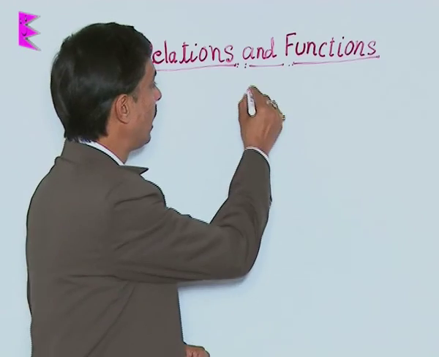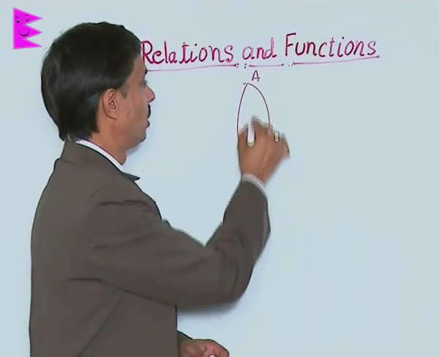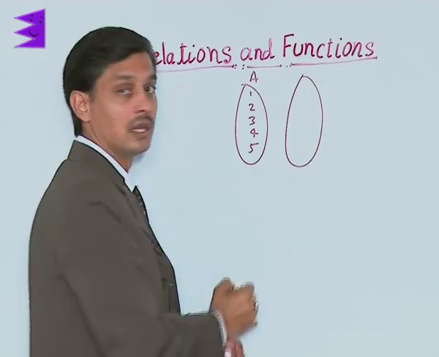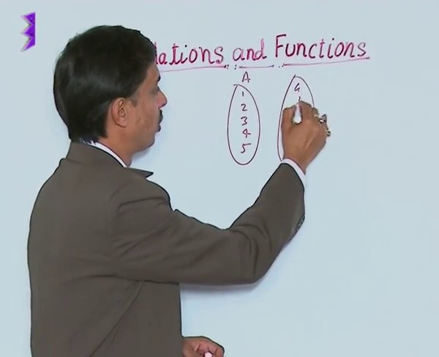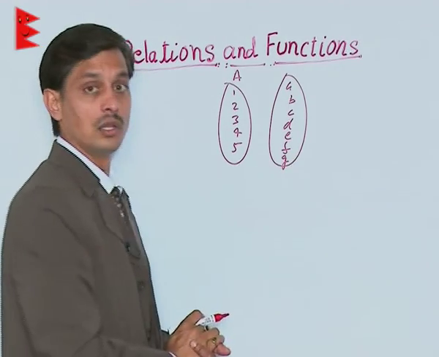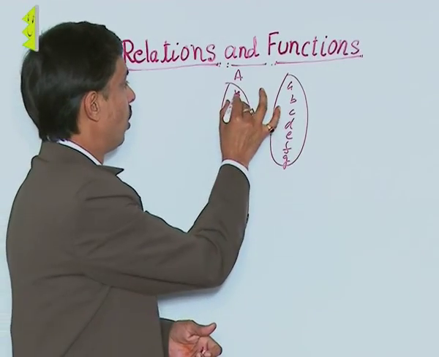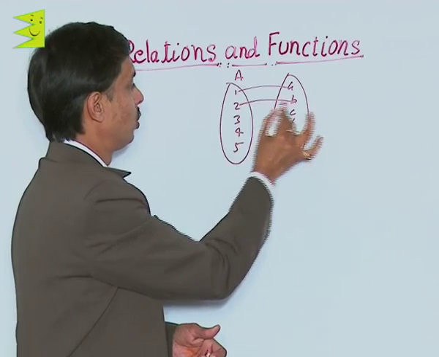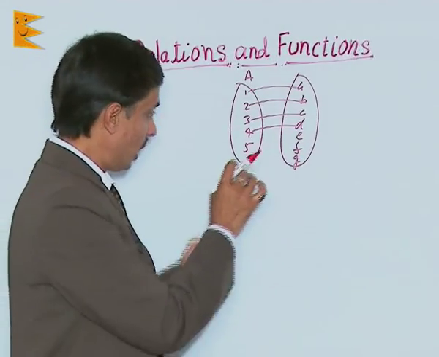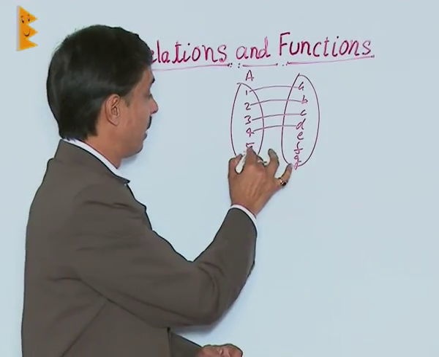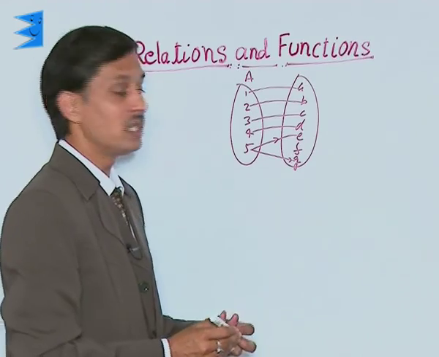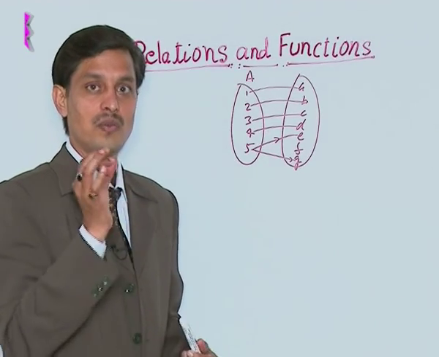How? If we have set A, the domain, like 1, 2, 3, 4, 5, and in the other set we have put A, B, C, D, E, F, G, this many chairs. 1 is associated with A, 2 with B, then 3, then 4. If 5 is associated with both E and G, in this situation also, it is not a function.